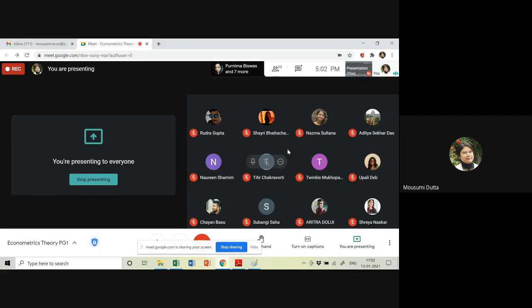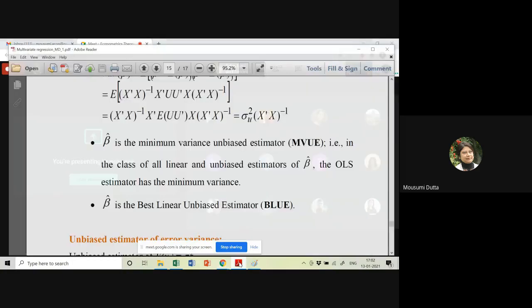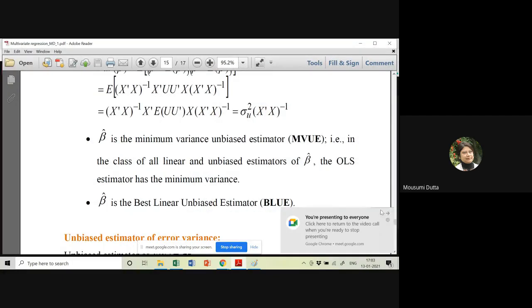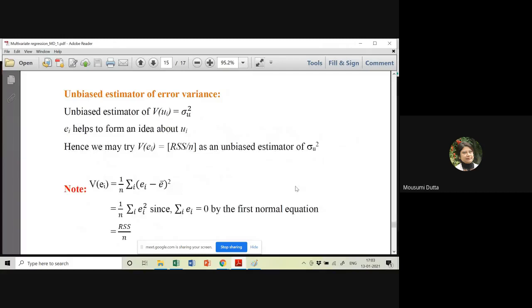RSS by degrees of freedom we found. Yes, ma'am. Okay, so we need to find the same or a similar kind of measure here in the context of k variables. So now we are moving towards calculation of the unbiased estimator of error variance.